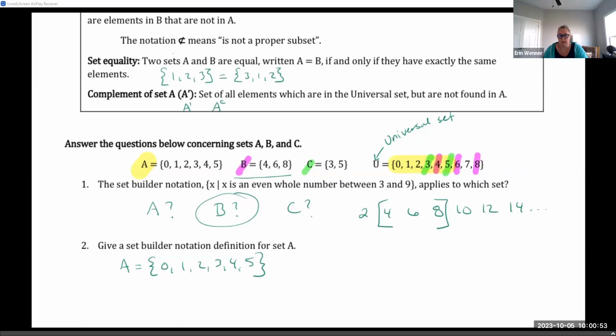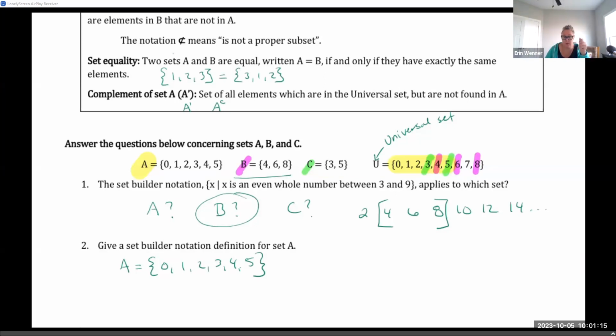Okay, so a lot of different answers. Seeing numbers that go from 1 to 5, numbers that increase by 1, numbers more than 0, less than 5, all these are really good descriptions.